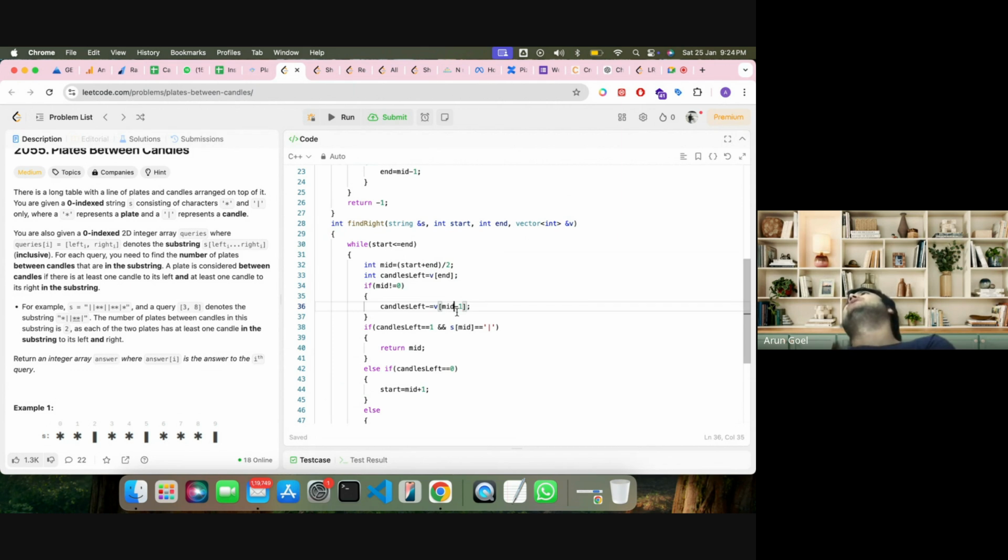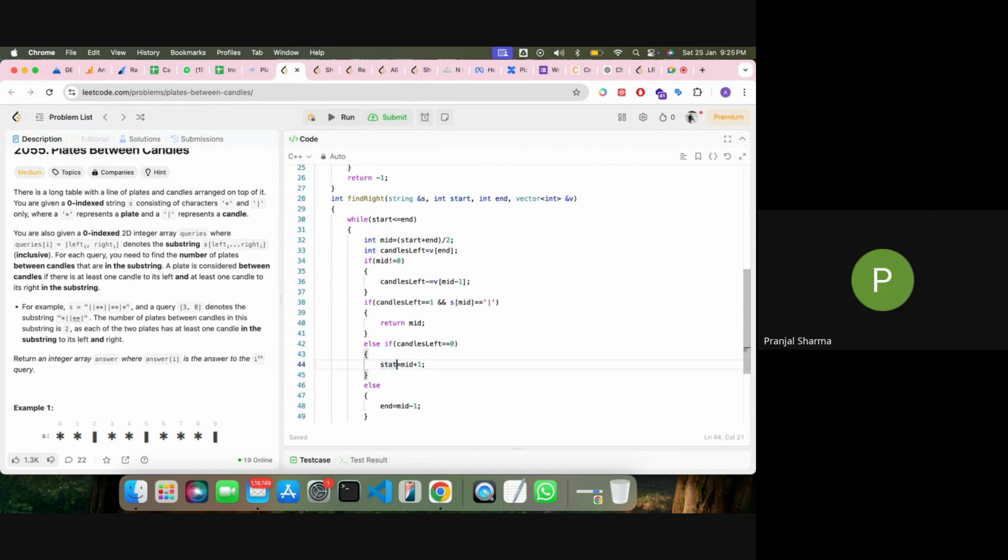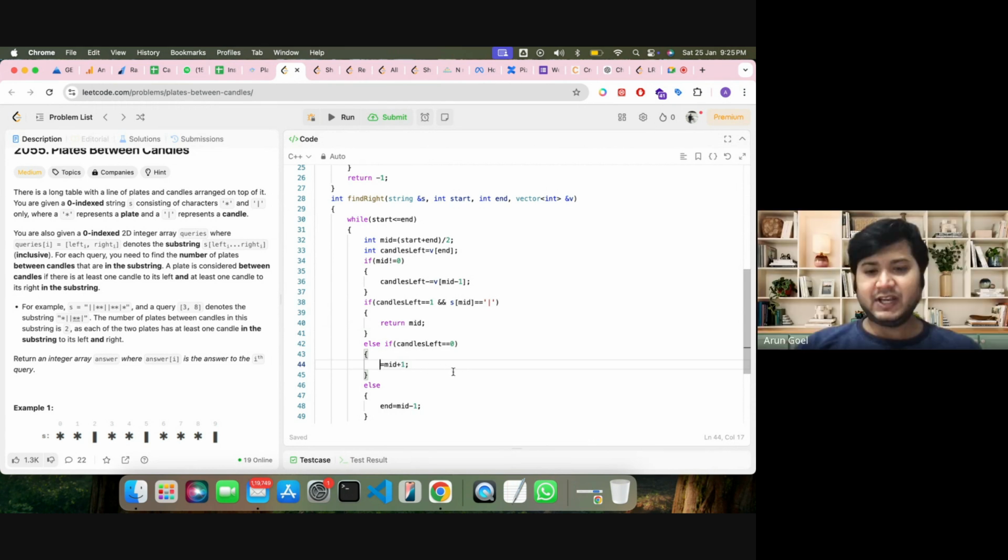What we are trying to do is, okay, mid minus 1. ठीक है, if candles left, तो ये हो गया return mid. Otherwise, if candles left is 0, which means candles left here means candle in the right, right? Yeah, candles in the right side.